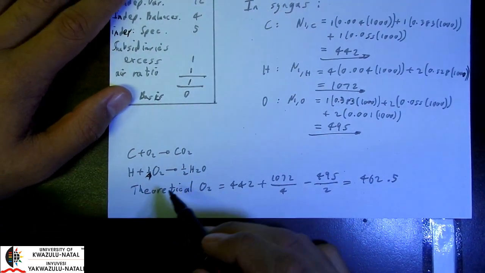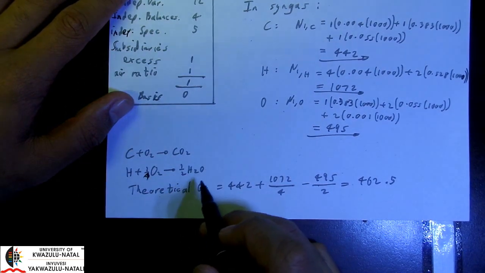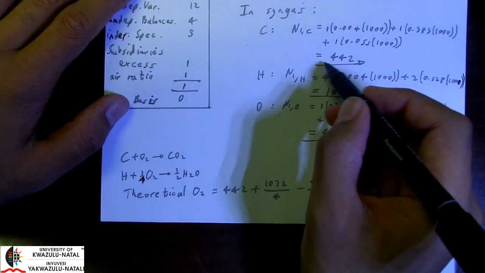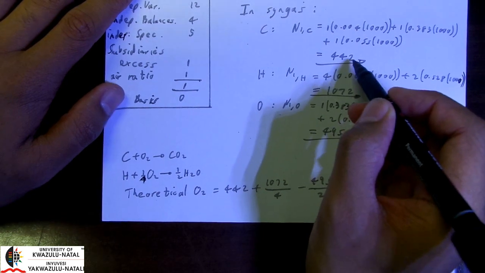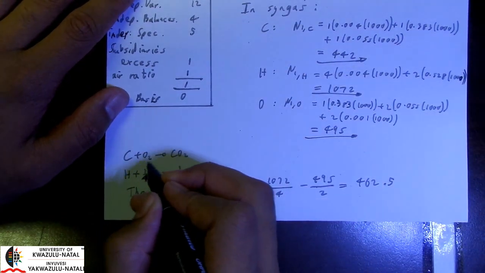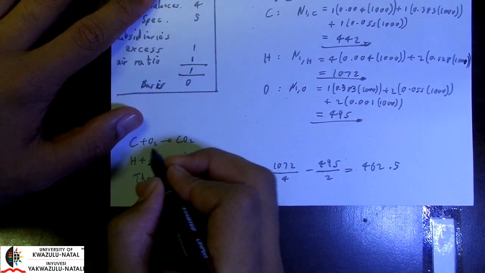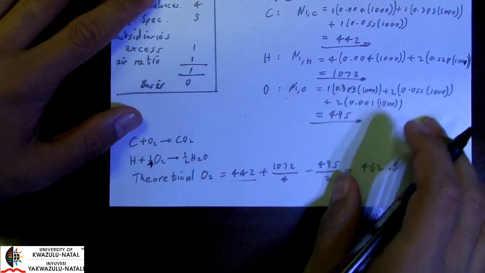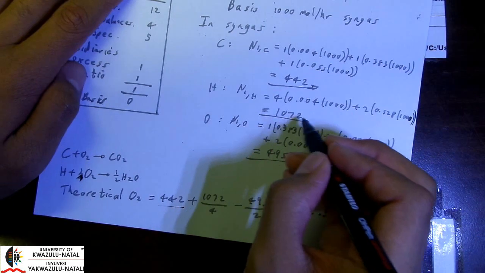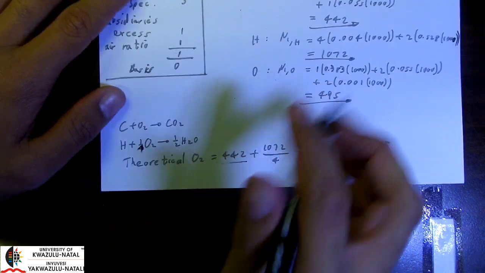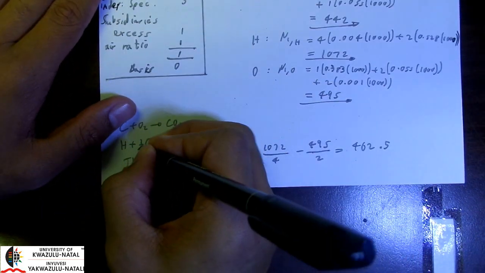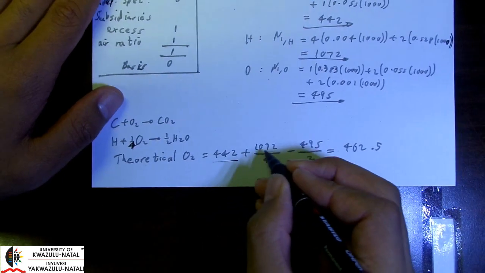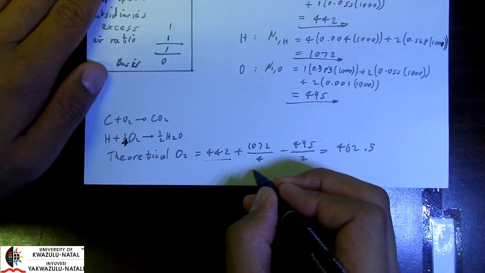So let's look at our theoretical oxygen. Since I have 442 moles of carbon, I will need stoichiometrically 442 moles of oxygen gas. So that's that over here. Since I have 1072 moles of hydrogen, I will need a quarter of that for oxygen. So that's 1072 divided by 4.